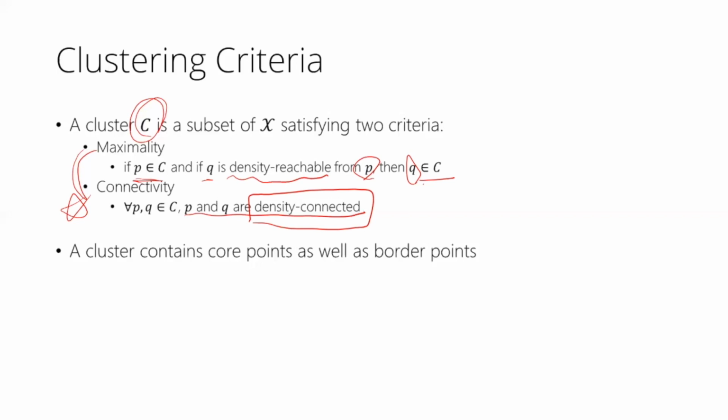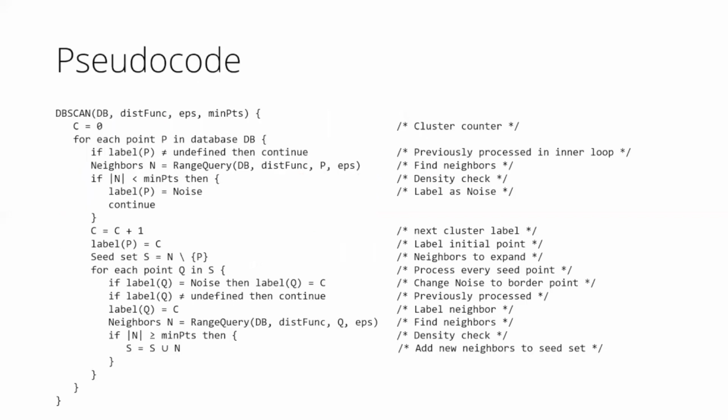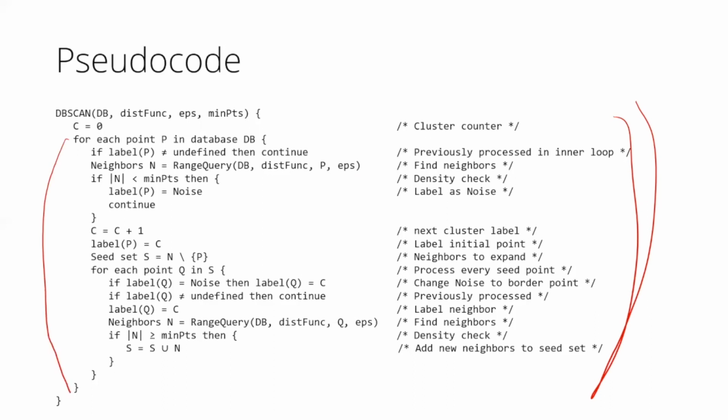Okay. So in terms of pseudocode, the DBSCAN algorithm is surprisingly simple. This is a pseudocode implementation of the DBSCAN algorithm. It has just a for loop over here, which traverses all points P in a data set DB. And then what happens over here is we define the density labels. Is it a high density point or is it a low density point? If it is a low density point, it is a noise point or a boundary point.